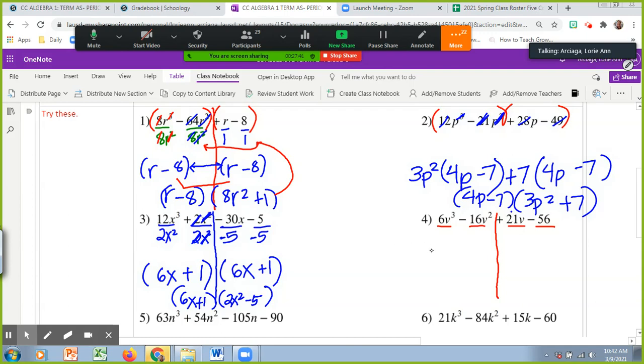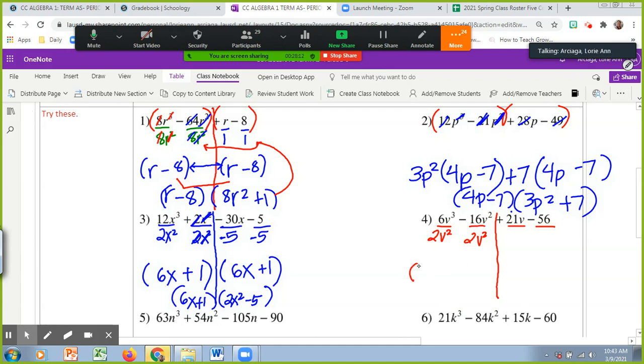Okay, what's a GCF? If you're lost, start with a smaller number and count backwards. 2, very good. What else? Okay, V2, right? So V2. There you go. Divide.